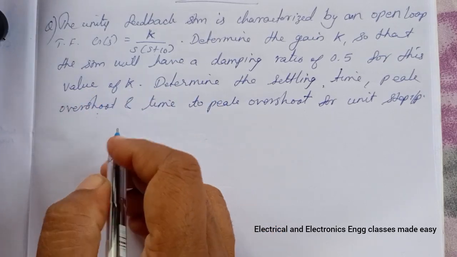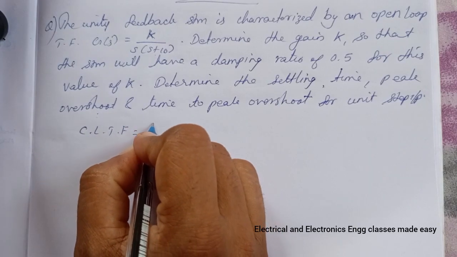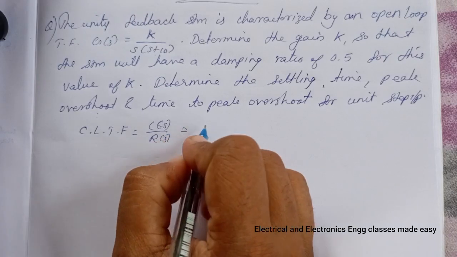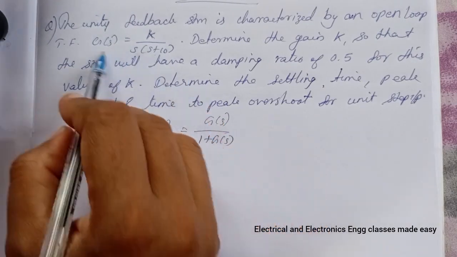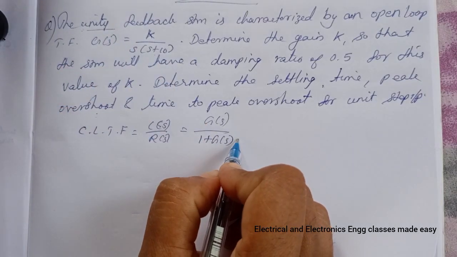So first of all we have to find the closed loop transfer function, and that is C of s divided by R of s equal to G of s divided by 1 plus G of s, because it is given that it is a unity feedback system, so H of s is unity.